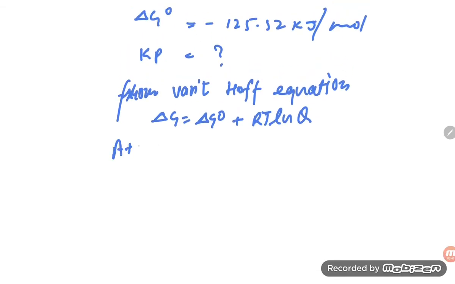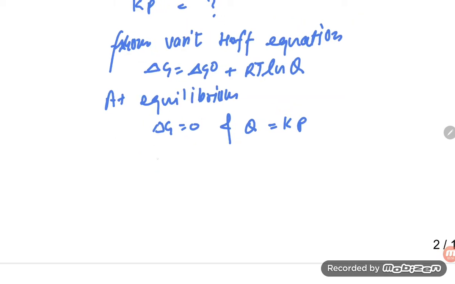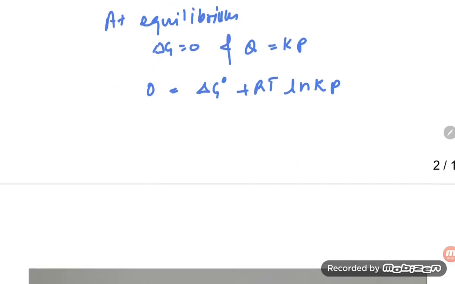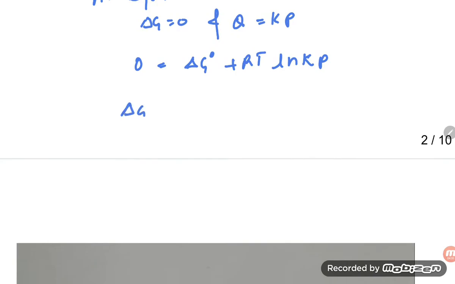At equilibrium, what can we write, students? Delta G is equal to 0 and Q is equal to Kp. So we can imply that 0 is equal to delta G naught plus RT ln Kp. So delta G naught is equal to minus RT ln Kp.